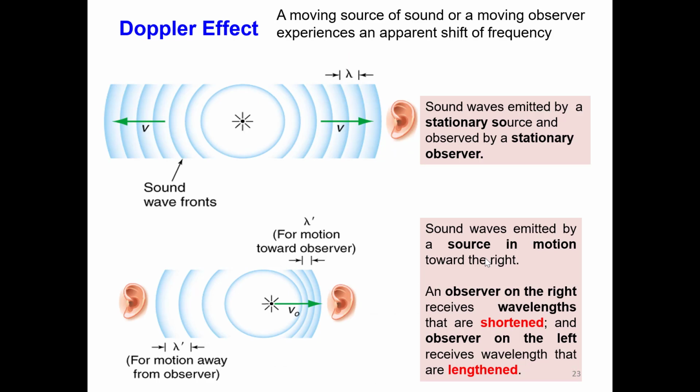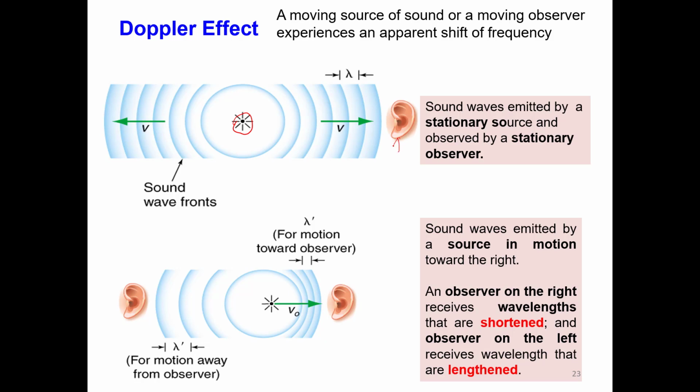Now we are going to study the Doppler effect, and this occurs when a moving source of sound or a moving observer experiences an apparent shift of frequency. And let's see what happened in the last image we had here. In this case, this is the source of sound, and here we have the observer.